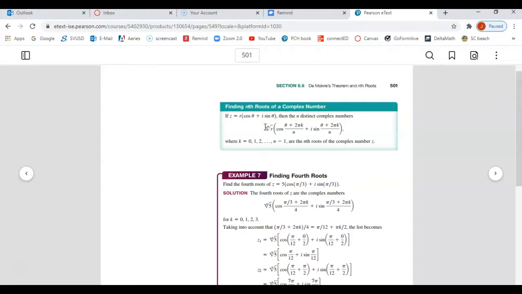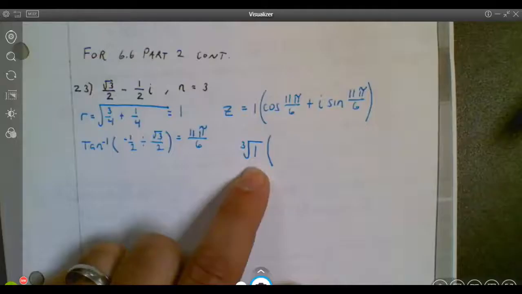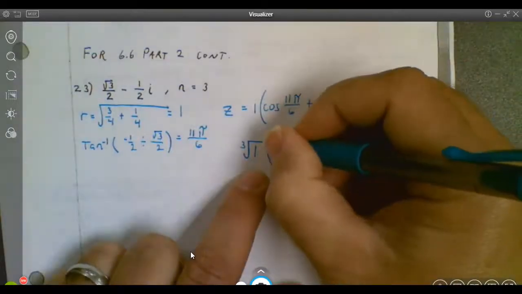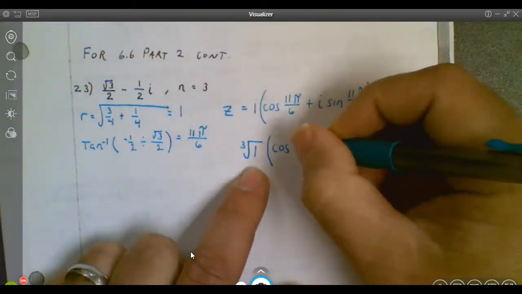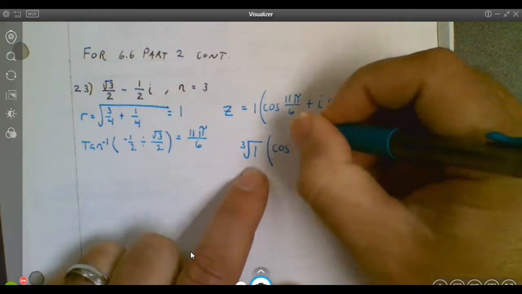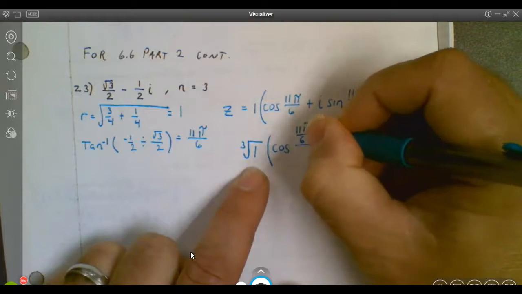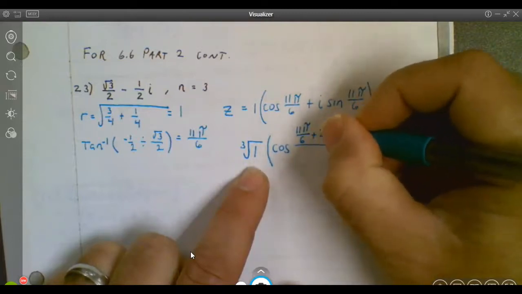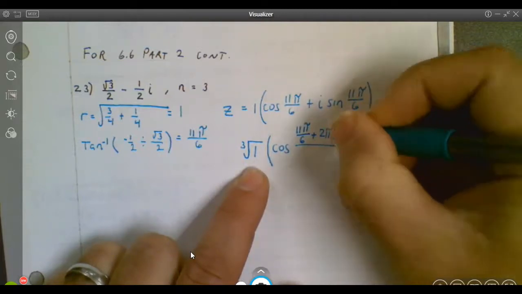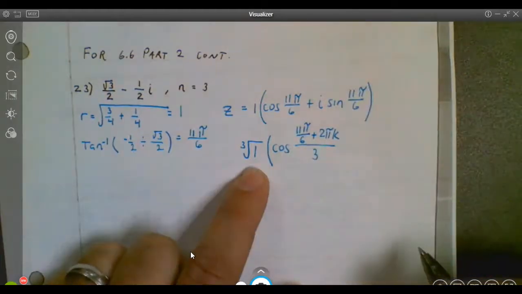And then behind that in parentheses, I'm going to do the cosine of theta, which we just figured out was 11 pi over 6, plus 2 pi k over 3. So we're going to say cosine of 11 pi over 6 plus 2 pi k, all over 3, since we're doing a cube root.